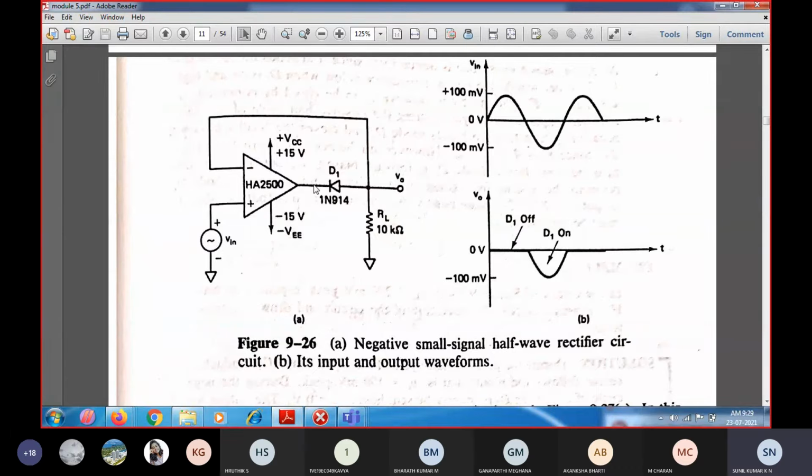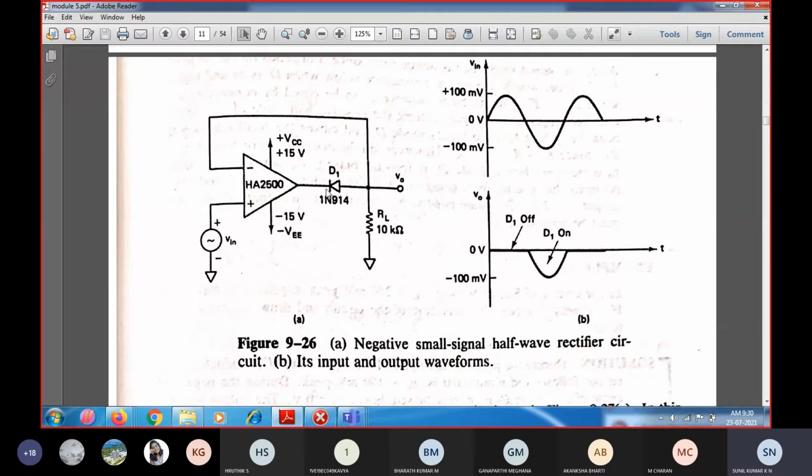Only when the negative half cycle of the input arrives will this diode D1 become forward biased. During the positive half cycle of the input, diode D1 will be in reverse bias. So the negative half cycle acts as forward bias, and the positive half cycle acts as reverse bias.